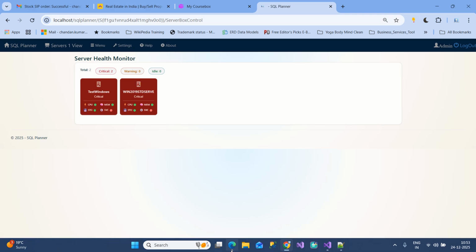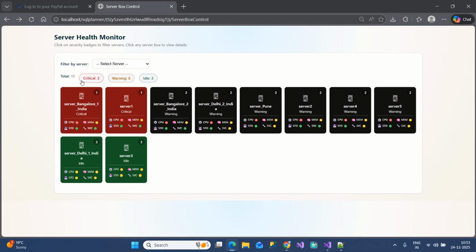Now, usually, if you have multiple servers, they will appear in three different colors. Red means something is very critical, and those are detected if CPU usage is very high or memory consumption is very critical, something is wrong with the services, IIS, or storage shortage.